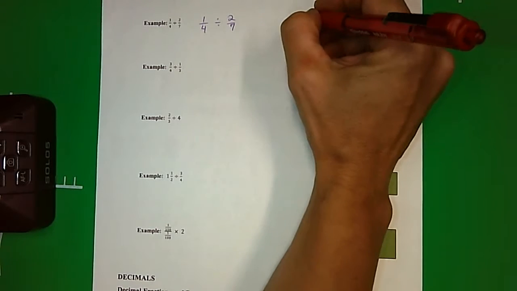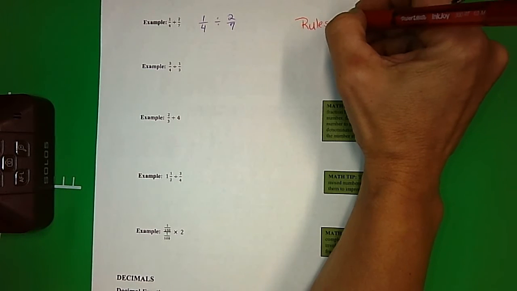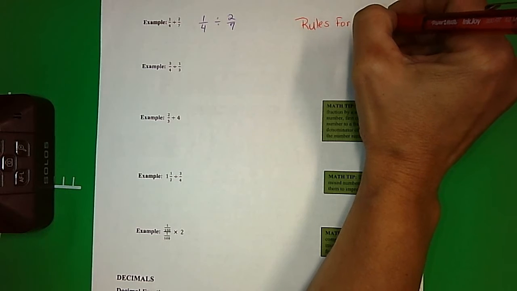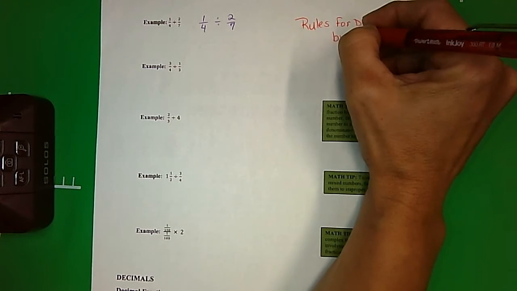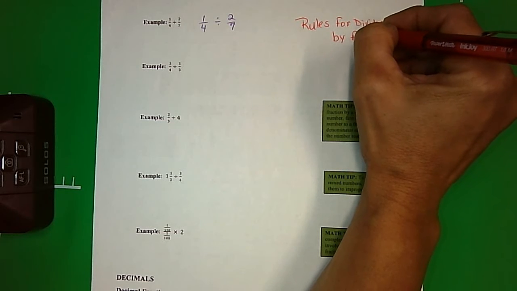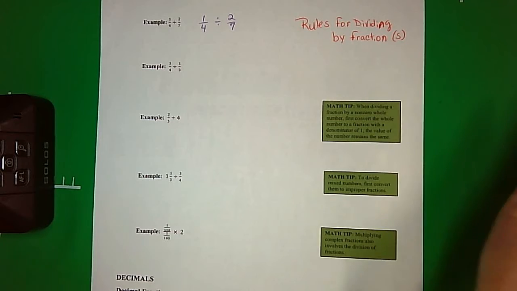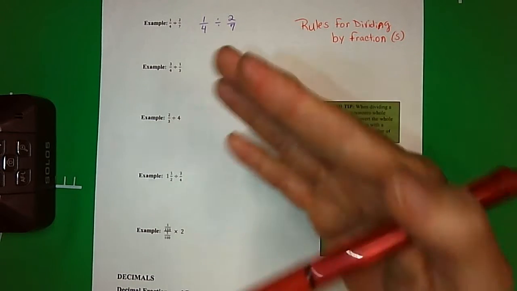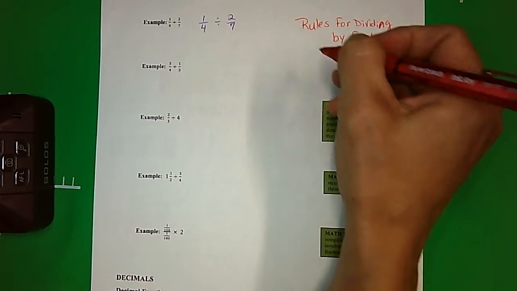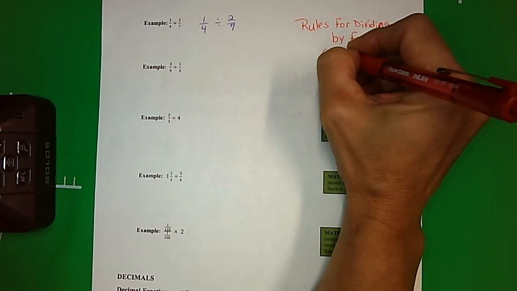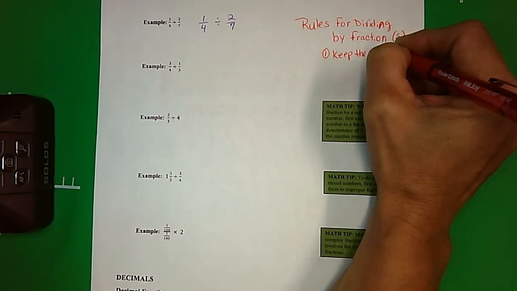Rules for dividing by fraction(s). I'm going to put an S in the parentheses because it could be more than one fraction, or it could just be one fraction, a fraction and a whole number, however it is written. So we're going to, one, keep the first term the same.